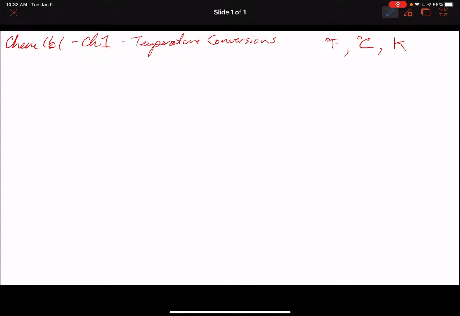So if one wants to convert temperature from Fahrenheit into Celsius, we have to use this equation. So the temperature, and I'll put here in degrees C, can be calculated by multiplying an adjusted Fahrenheit scale by a fraction of 5/9.